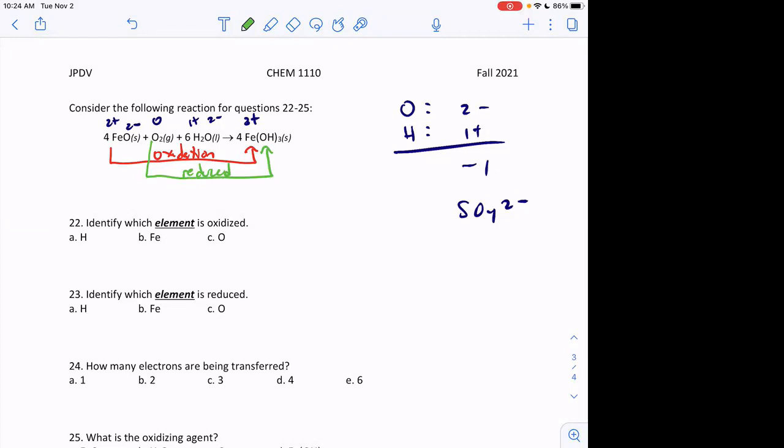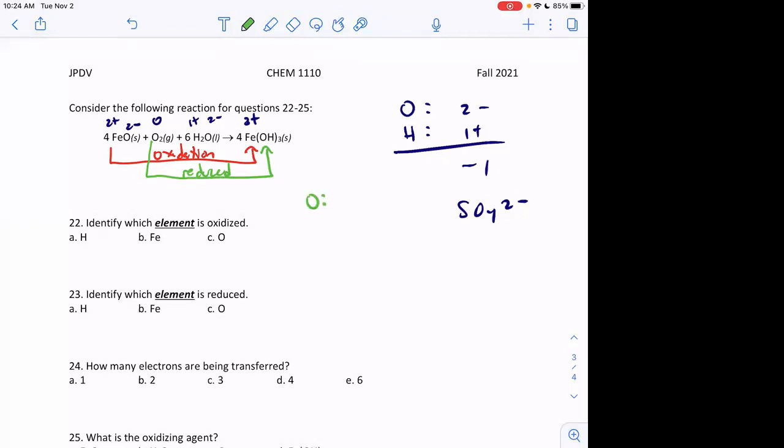And the easiest way to look at it is there's 4 irons, right? 4 irons, and each one is losing 1, right? So 4 electrons should be transferred. Double check it and say, okay, I've got 2 oxygens, and each one is gaining 2 electrons. So 2 times 2 is 4.